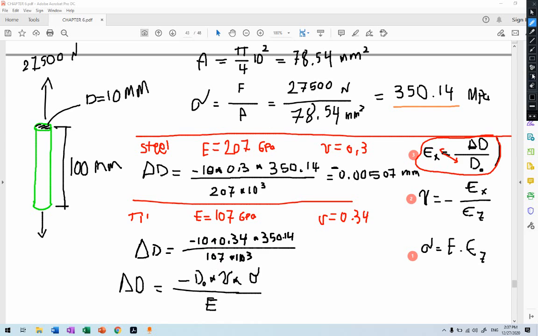So I'm going to delete this equation here, so no longer need it. This value here as well will be minus. If I calculate this one, it will be divided by 107, which gives 0.0111 millimeter.